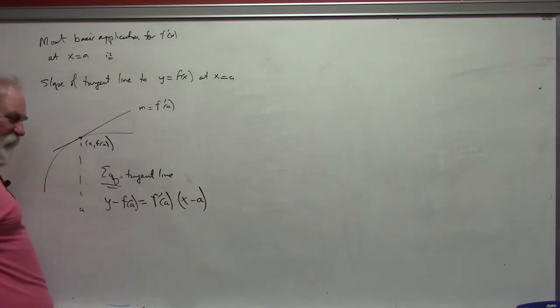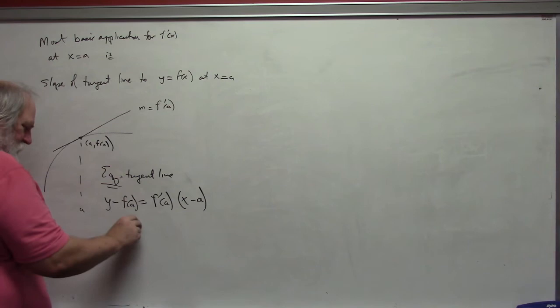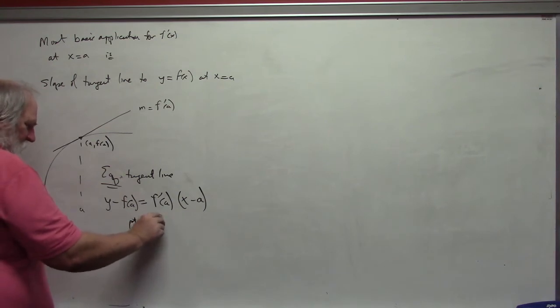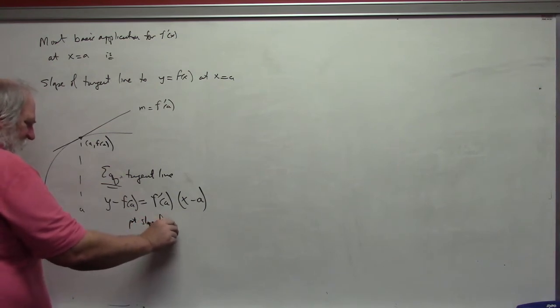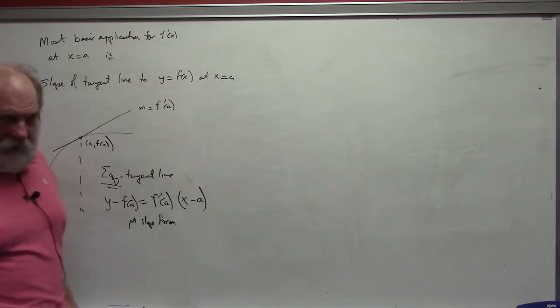It's the point slope form of a line. And we can just leave it in that form. We don't have to write it in slope-intercept form.